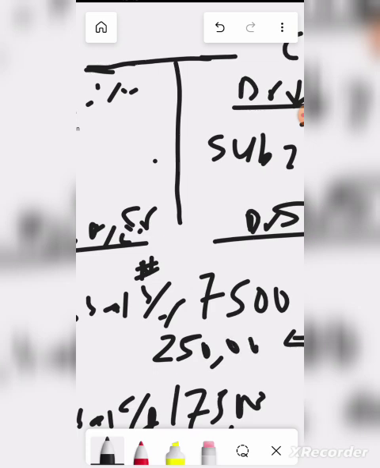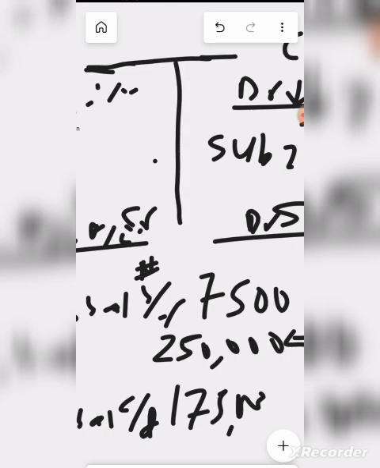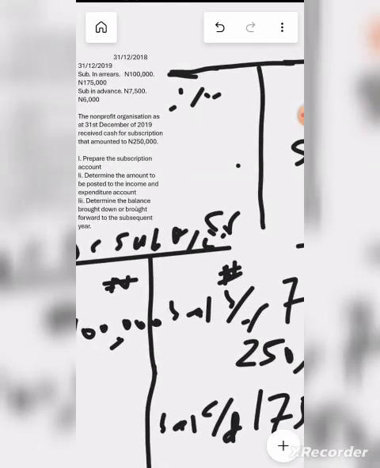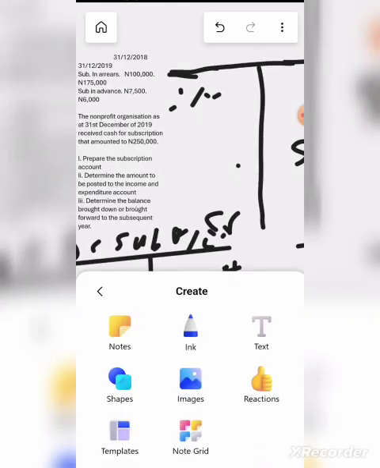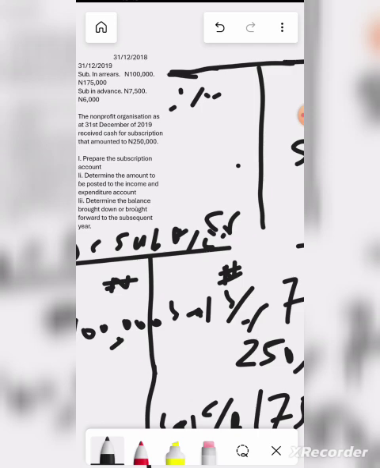Good. So this should be our cash received. I'm going to use the abbreviation CR to represent cash received. Cash received is 250,000.